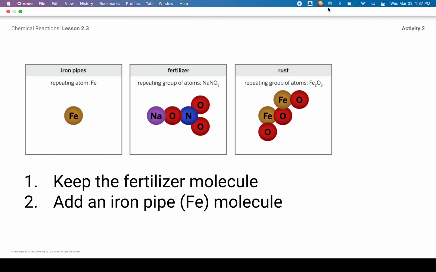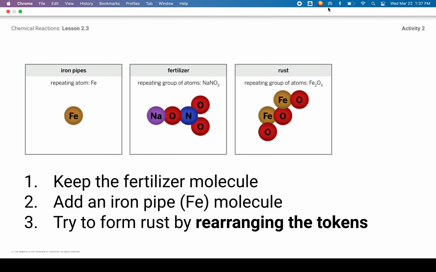They added 2 of them. And then I said, okay, now try to rearrange those substances and make rust. And of course they could, keeping in mind that they had to break apart the tokens of the fertilizer, and then they rearranged the 3 oxygen atoms with 2 iron atoms to make 1 molecule of rust.